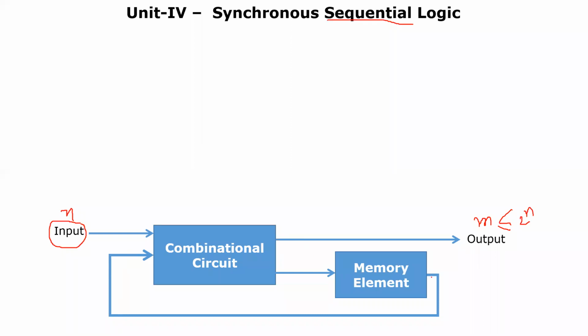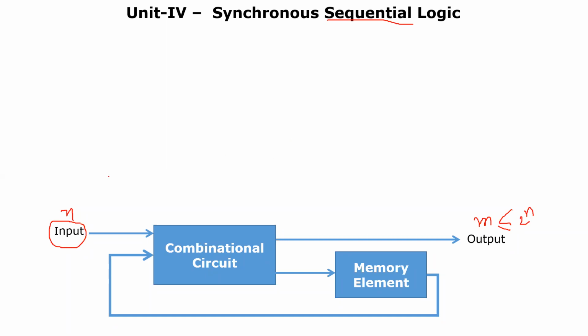Therefore, the output of this memory unit must affect the working principle of this whole logic here. In sequential circuits, the output must affect the inputs of the combination circuit. So this is the first basic difference between combination logic and sequential logic.